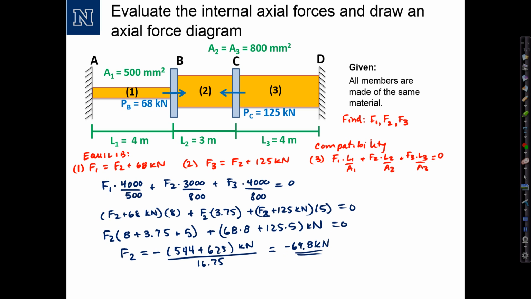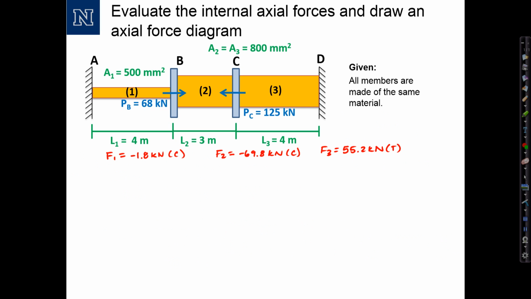Okay, just like before, F1 is going to be negative 69.8 plus 68, which is negative 1.8 kilonewtons. F3 is going to be negative 69.8 plus 125, which is 55.2 kilonewtons. We got the same thing we did using the other method. Okay? Your choice, you can approach it either way.